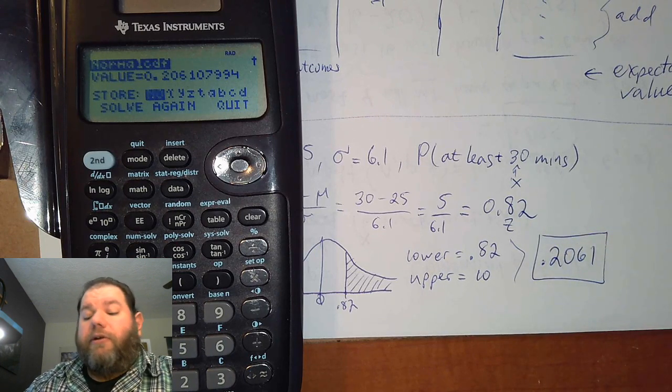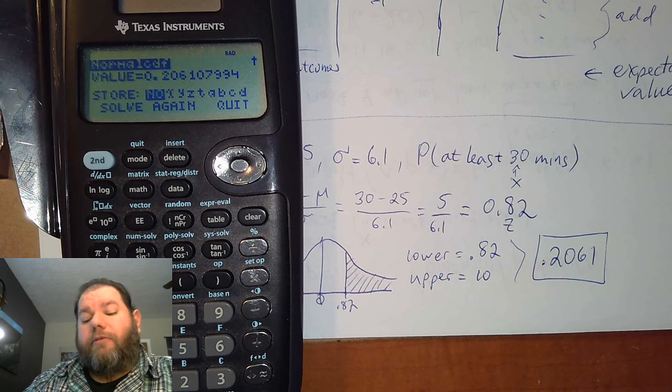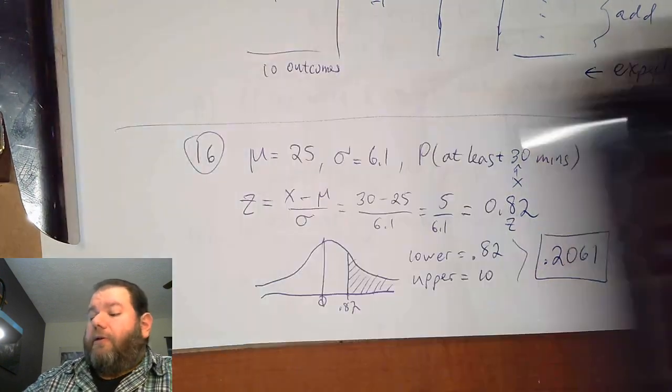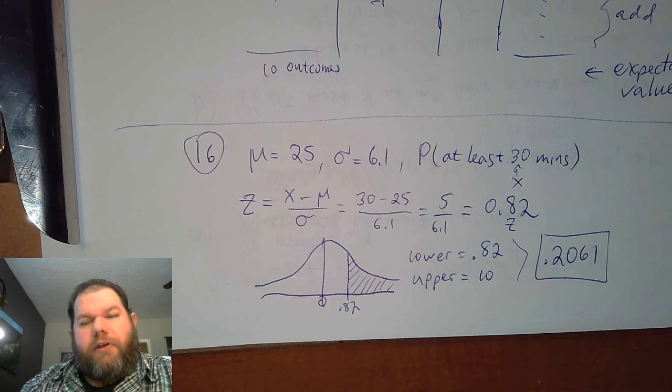So that's our answer there. A little bit better than 21% probability that a person would take more than 30 minutes in their commute. Which is probably fairly accurate if you live in Odessa and work in Midland, or vice versa, depending on where in the city they work and live.